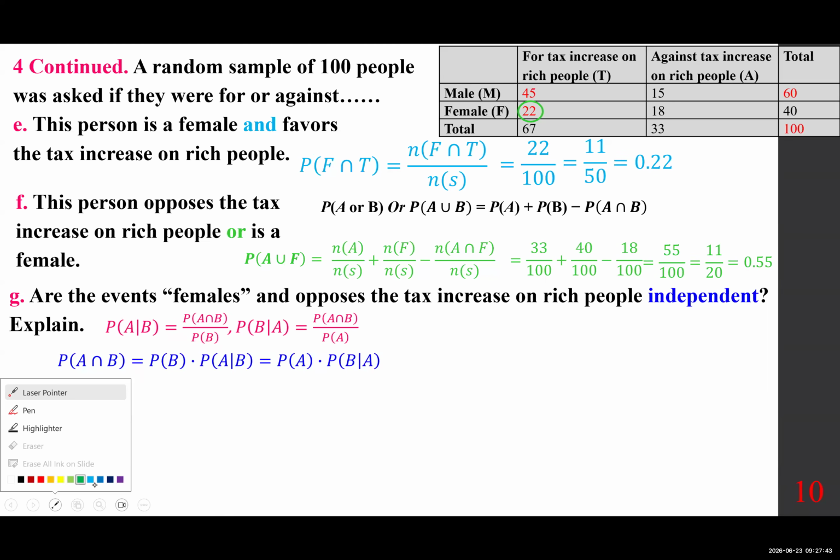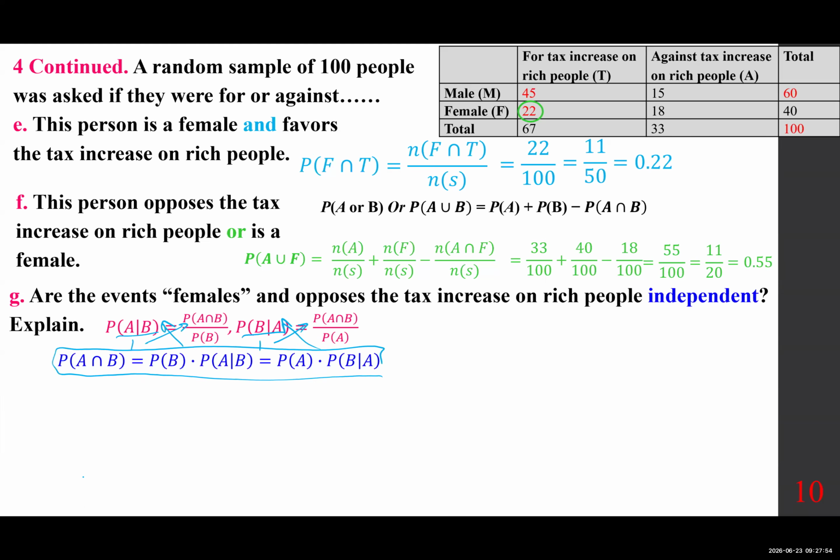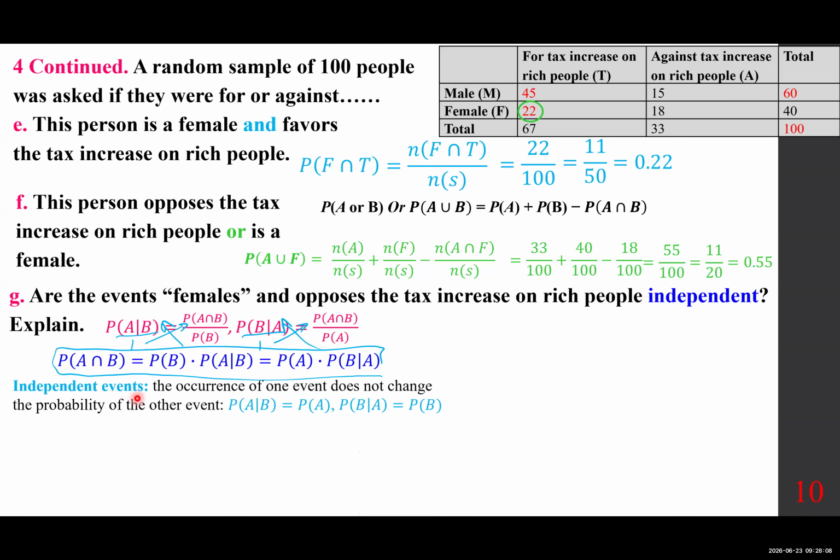I want everybody to pay attention to this. Probability of A intersection B is calculated as follows: either P of B times P of A given B, or P of A times P of B given A. That's a general statement. If independent events, the occurrence of one event does not change the probability of the other event.